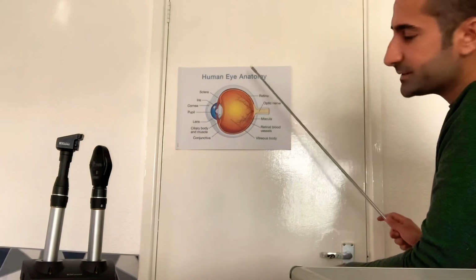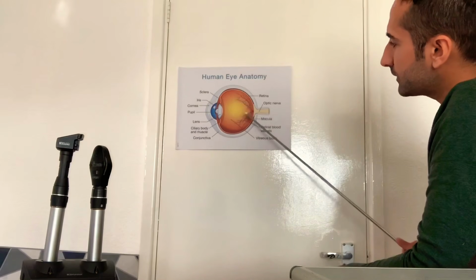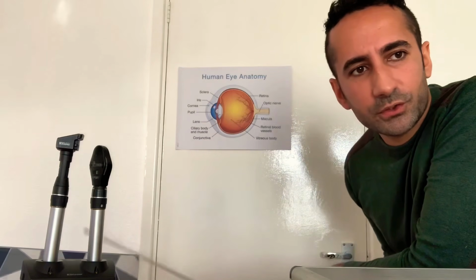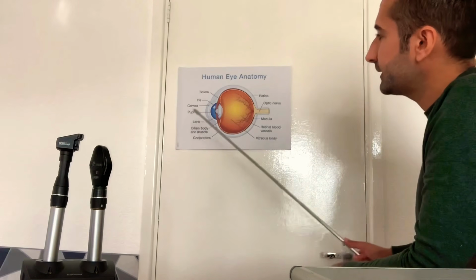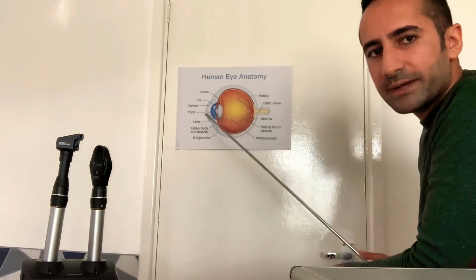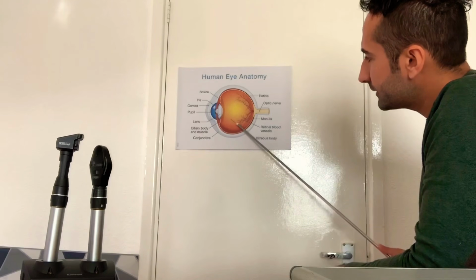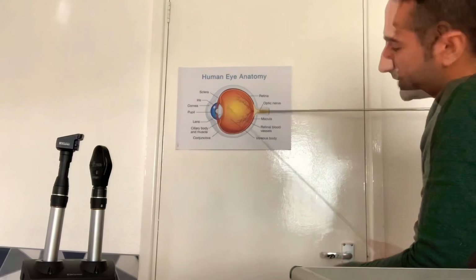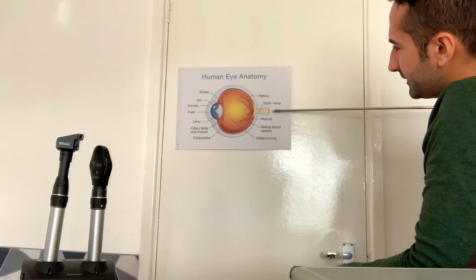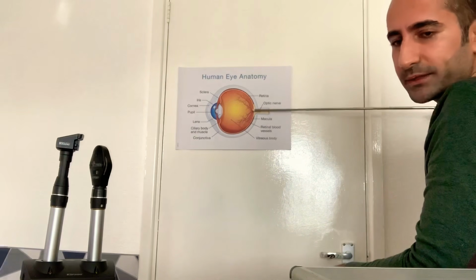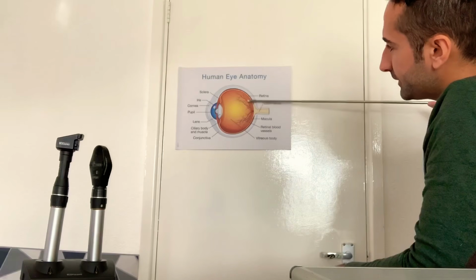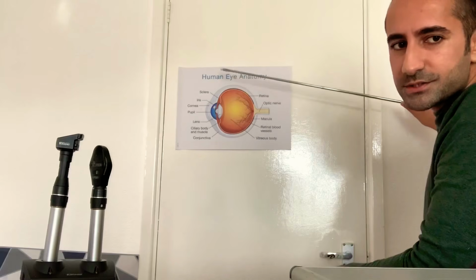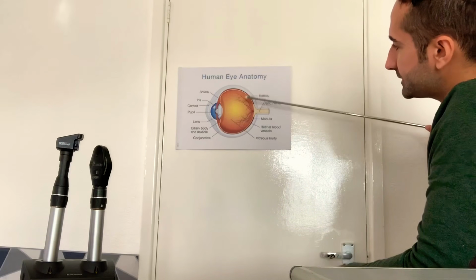Obviously you have your blood vessels, delivering nutrients to the eye, and your veins, which essentially drain blood from the eye. The central retinal artery comes through the optic nerve and supplies the eye with oxygen and nutrients.